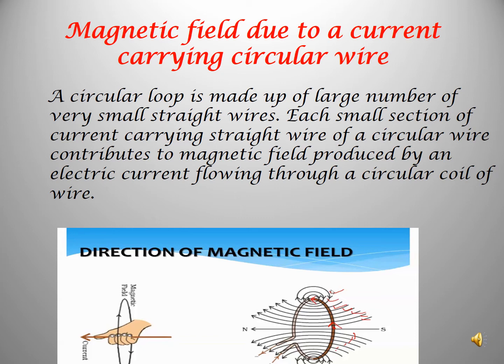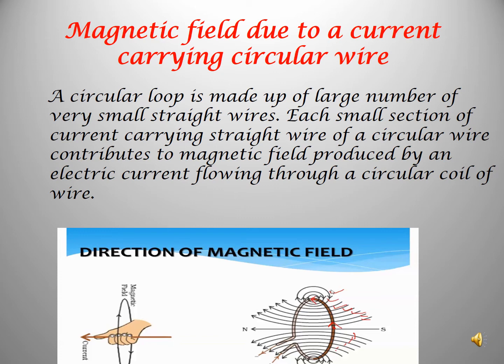or circular wire. So each small section of current carrying straight wire of a circular wire contributes to the magnetic field produced by an electric current flowing through a circular coil of wire. Obviously, we have learned that each part of straight wire which is carrying current will contribute to a magnetic field.